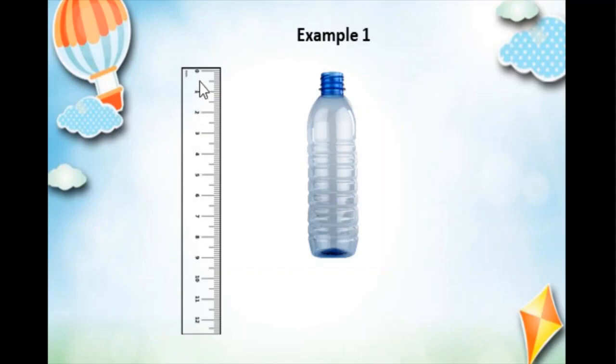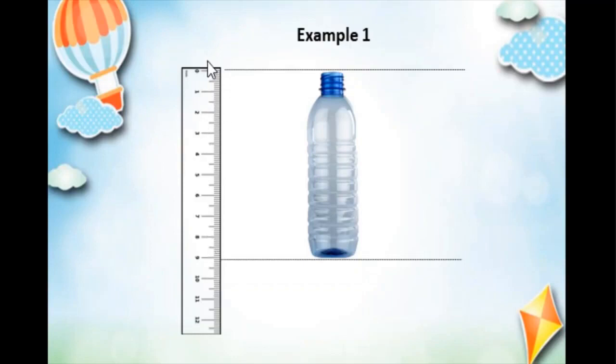We put a line above to make sure where the bottle started to measure, and another line below on where it ends. Just simple. Just count from 0 up to the number where it ends, and that will be your measurement.